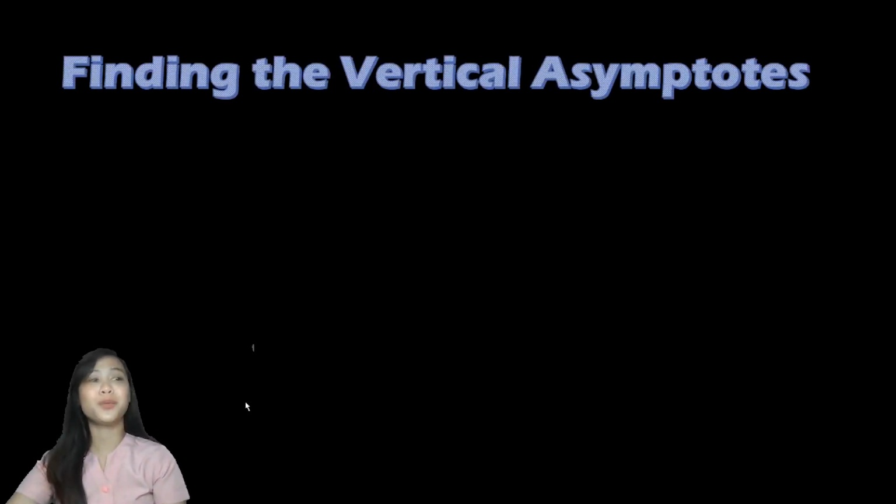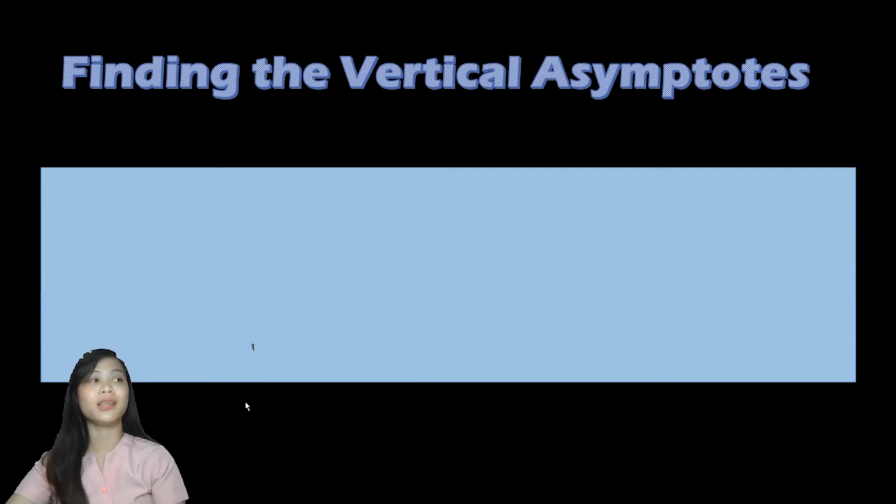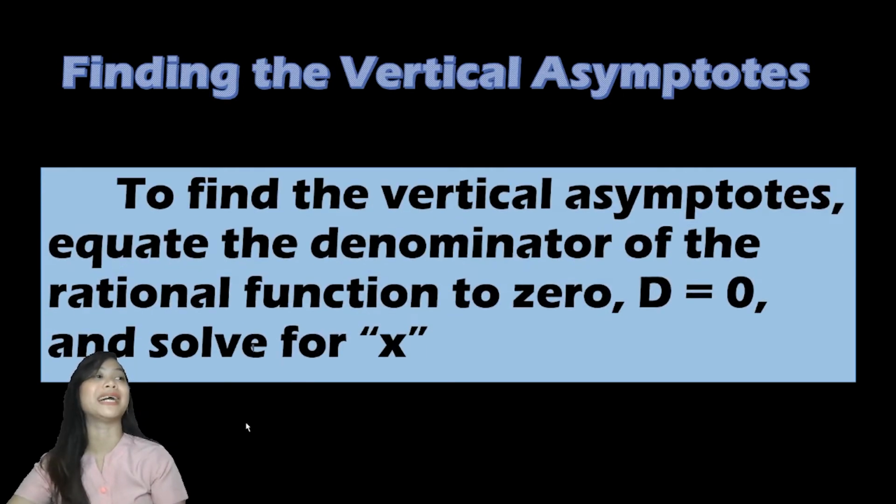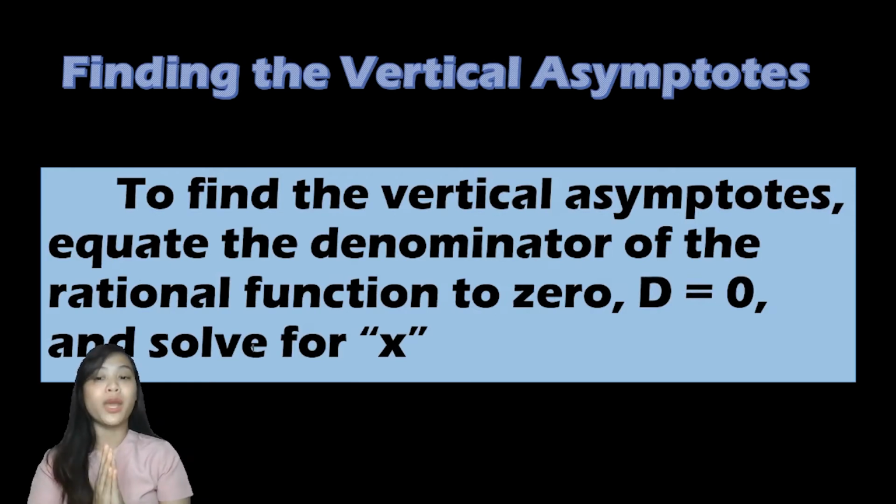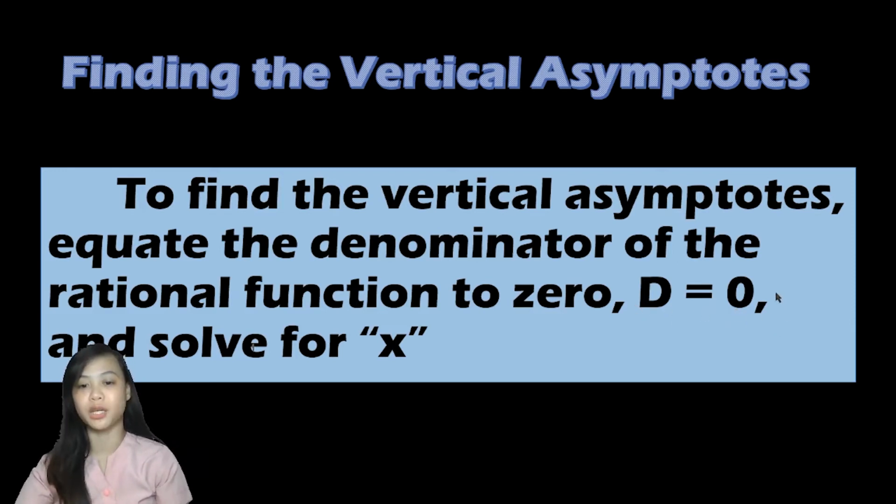So how can we find the vertical asymptote? We need to equate the denominator of the rational function to 0. It can be denoted by this: d equals 0.